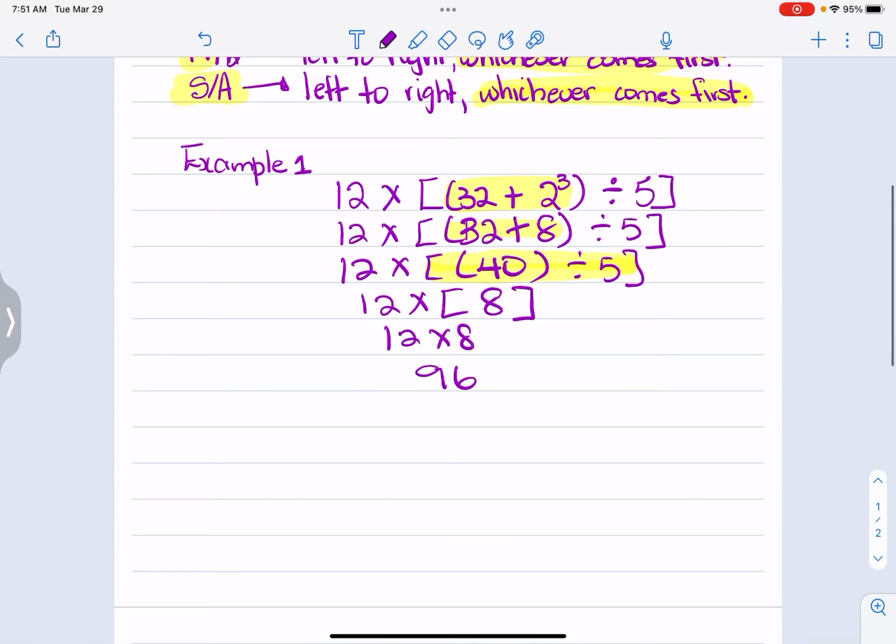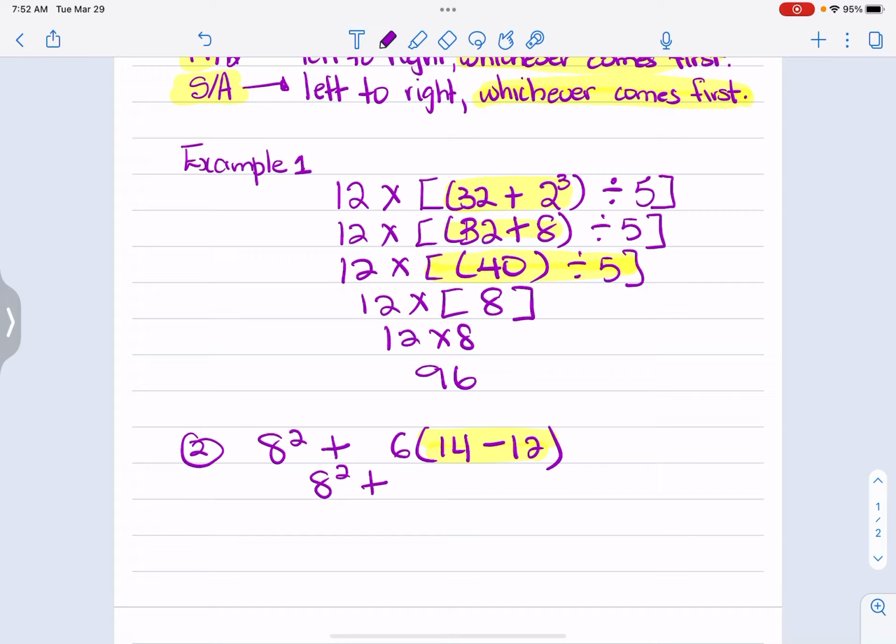Let's look at example 2. Example 2, 8 squared plus 6 times 14 minus 12. Again, focus on the groupings, right? Solve the grouping first, because in GEMS, G represents groupings. So 14 minus 12, that is 2.